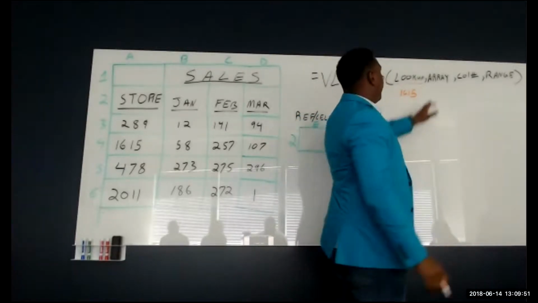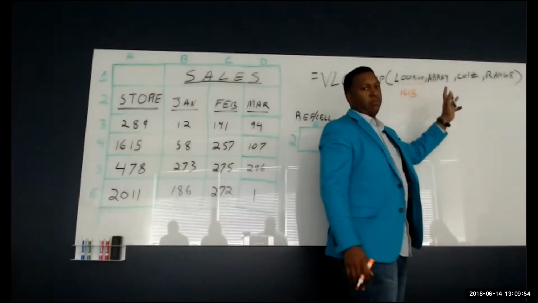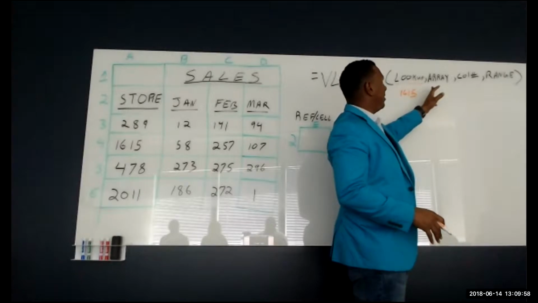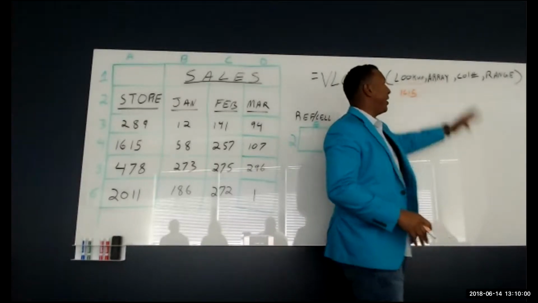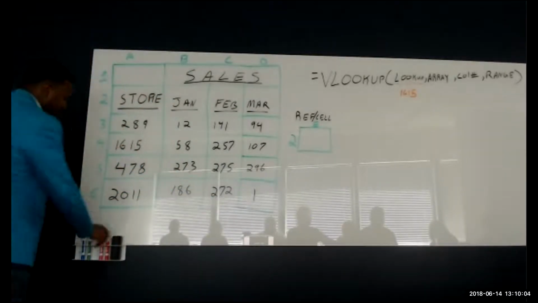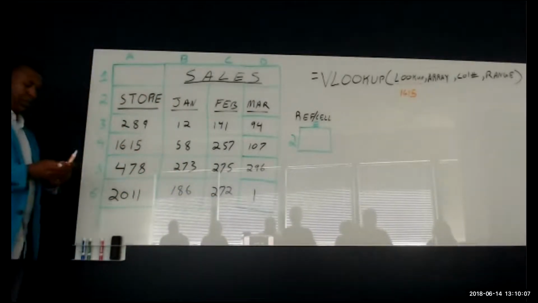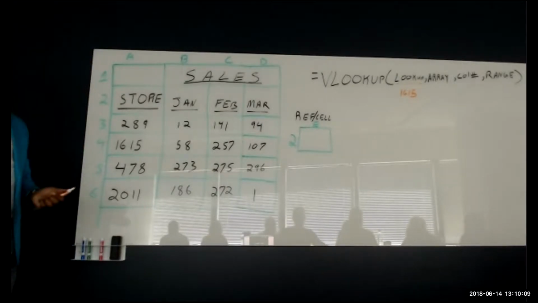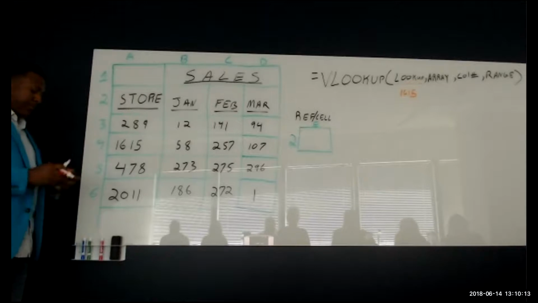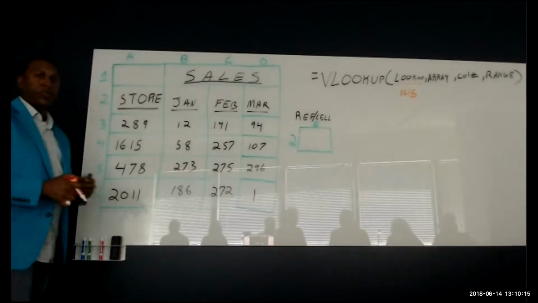All right. The array. When you actually start typing the formula, it's going to ask you for the lookup and the array. What that means is the actual box of where it can find the information, okay? Now, the box is very important in terms of the array.